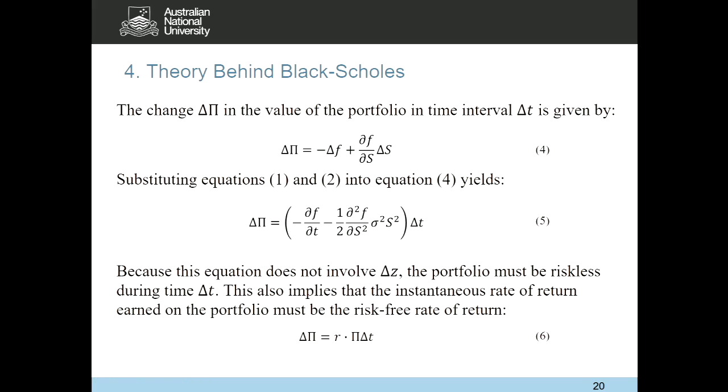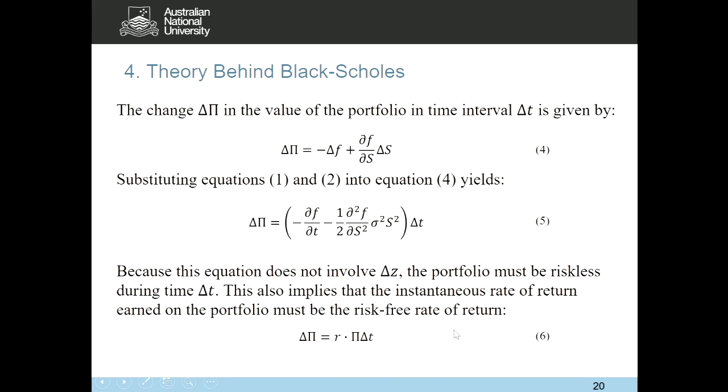So the portfolio must provide us a fixed payoff at the end of time t. Now, if that's the case, then the change in the pi, in other words, the instantaneous rate of return earned on this portfolio pi, must equal the risk-free rate of return, right?